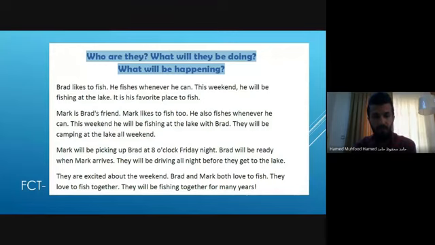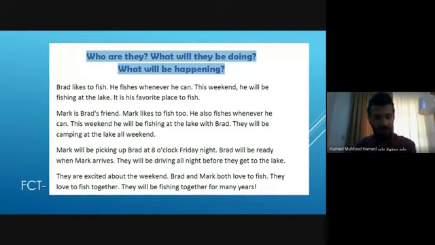They will be driving all night before they get to the lake. They are excited about the weekend. Brad and Mark both love to fish. They love to fish together. They will be fishing together for many years.